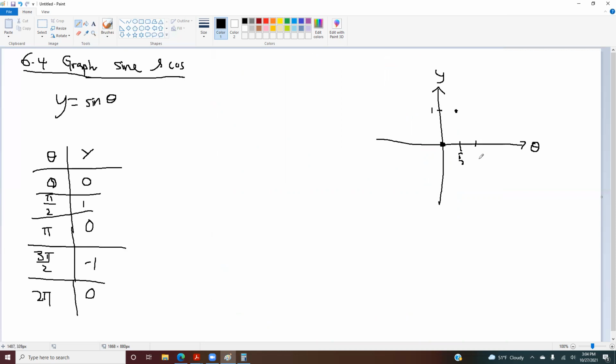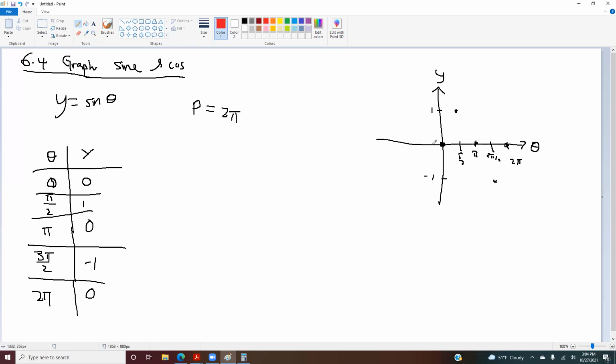At pi, you will get 0. At 3 pi over 2, you will get -1, which is down here. And at 2 pi, you will get 0. Now, this is what we call one cycle for sine. One cycle or one period is 2 pi. So the period for sine is 2 pi.